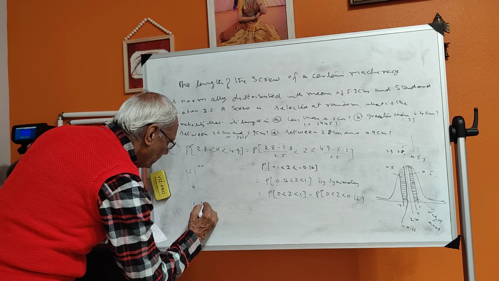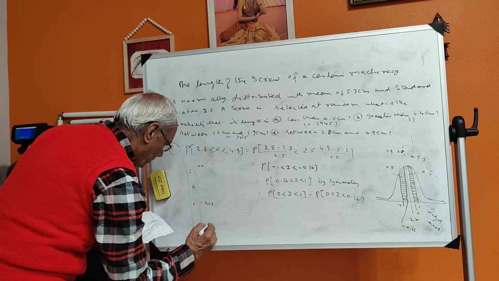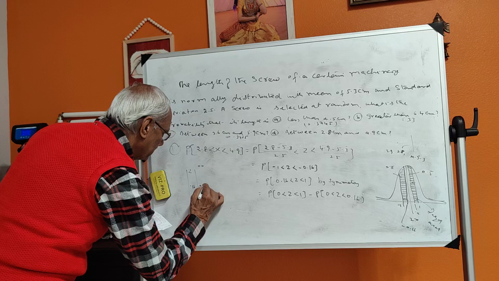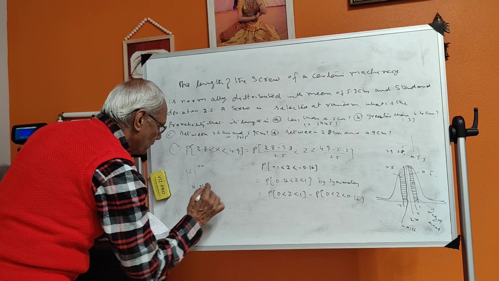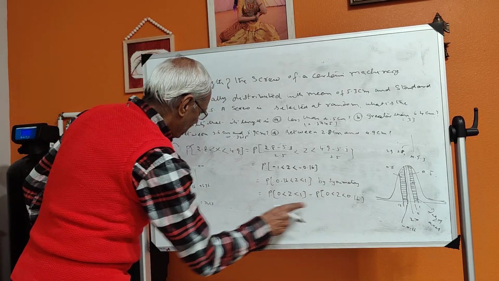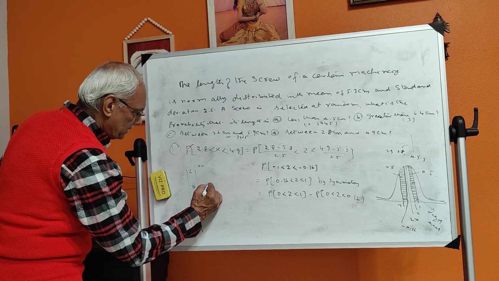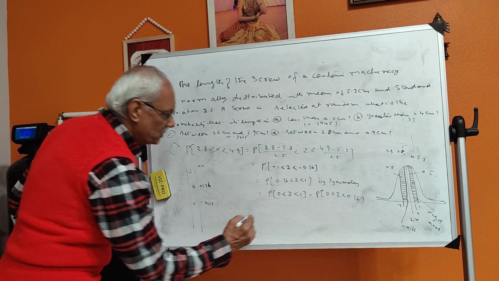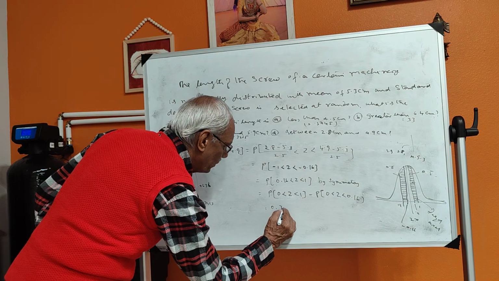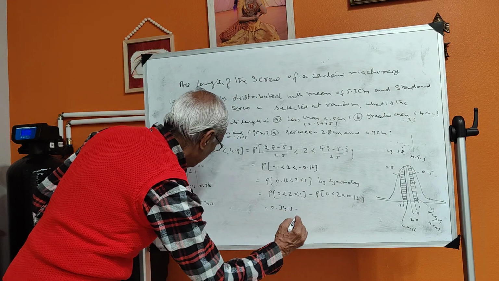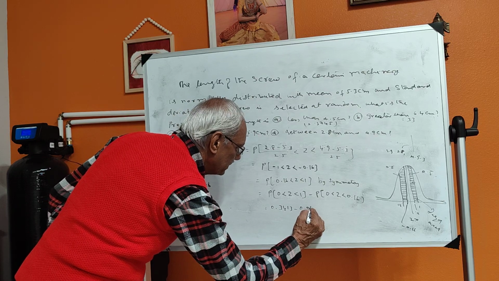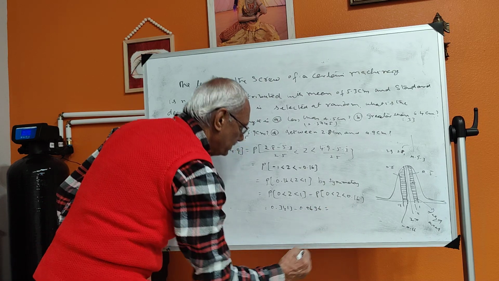This is 0.3413 and 0.0636. So against 0.16, the value is 0.0636. So this is equal to 0.3413 minus 0.0636.